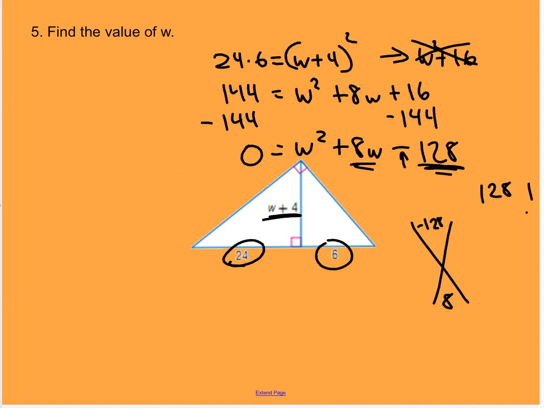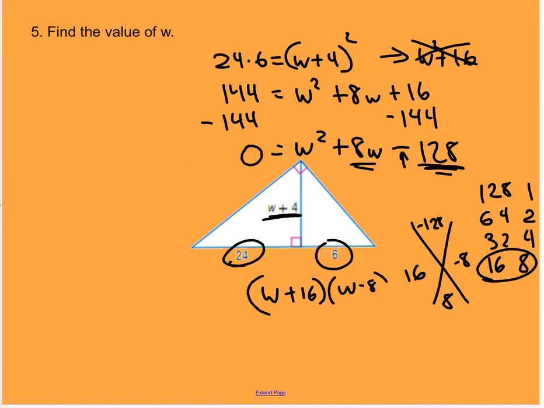So 128 and 1, 2 and 64, 4 and 32. So I got to figure out what subtracts to 8. So let's see, that would be 8 and 16. Hey, there's a winner. So I'm going to go positive 16, negative 8. So factors are going to be w plus 16 and w minus 8.